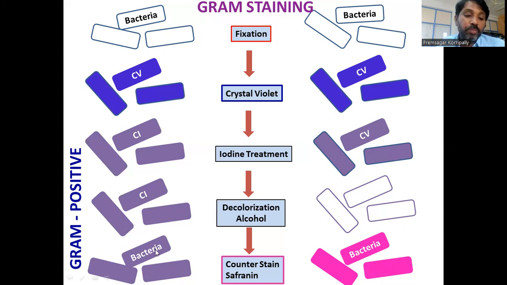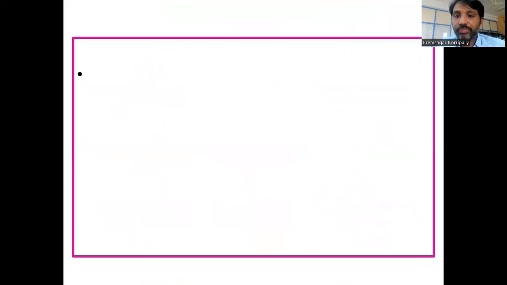The bacteria that look purple are called gram positive, whereas the samples that look pink to red are gram negative. Right? Hope you understand the concept.